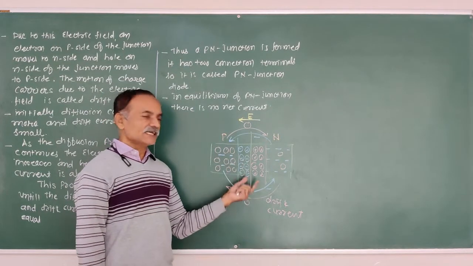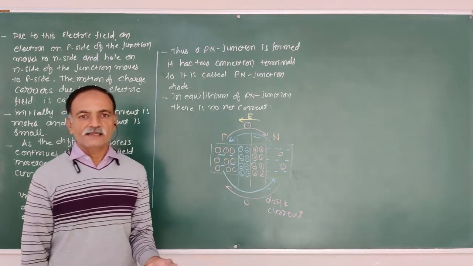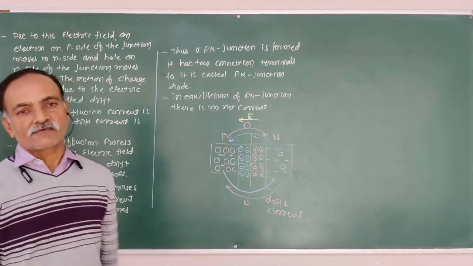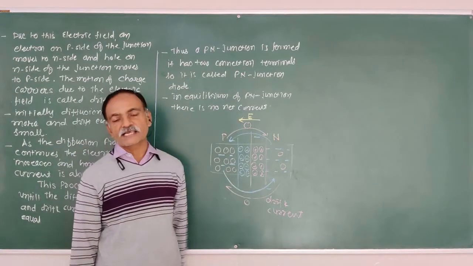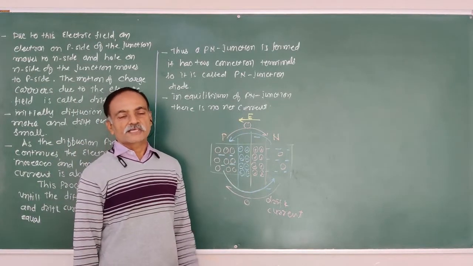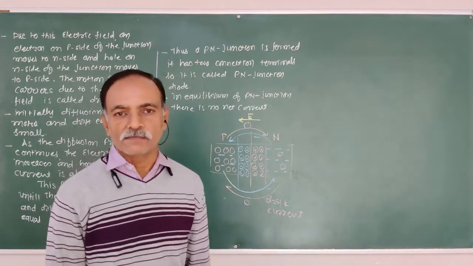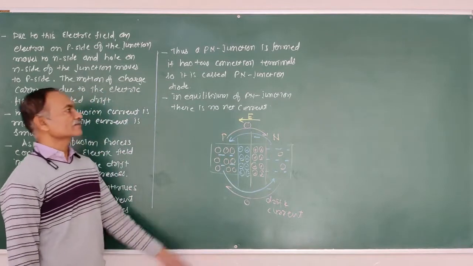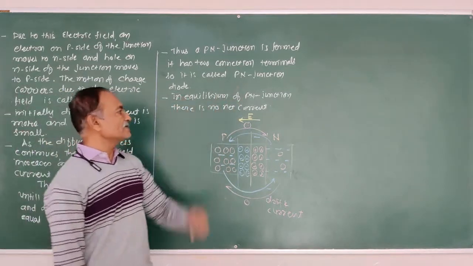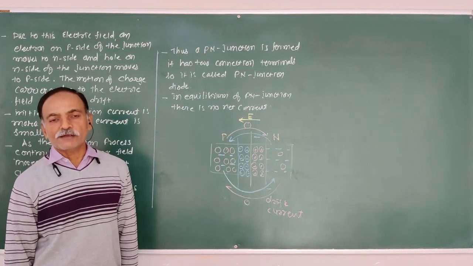This process takes place until both currents become equal. When the diffusion current and drift current become equal, the PN junction is in equilibrium. Therefore, in equilibrium of the PN junction, there is no net current. Current flowing becomes zero.